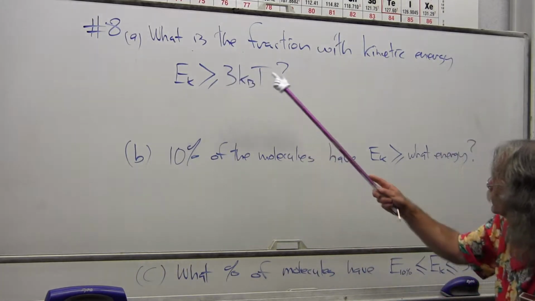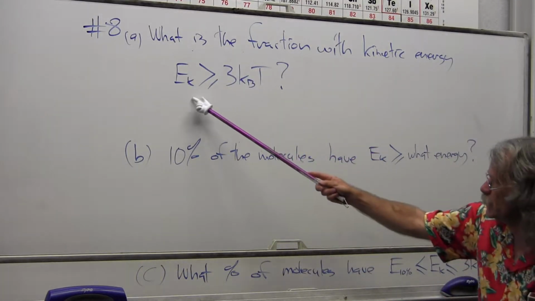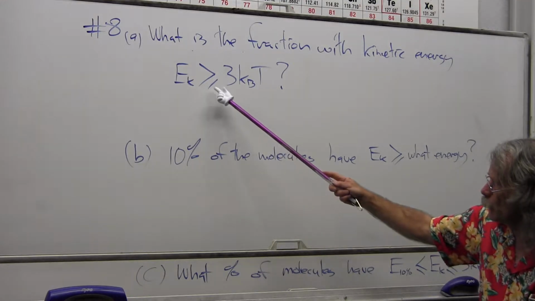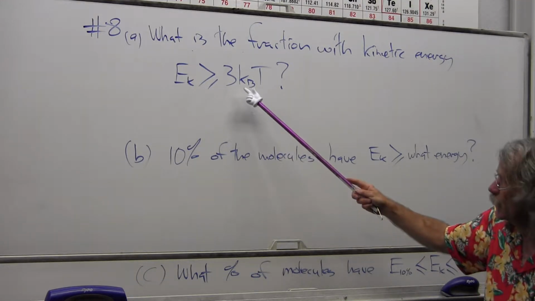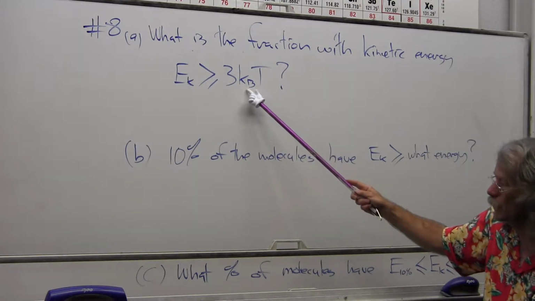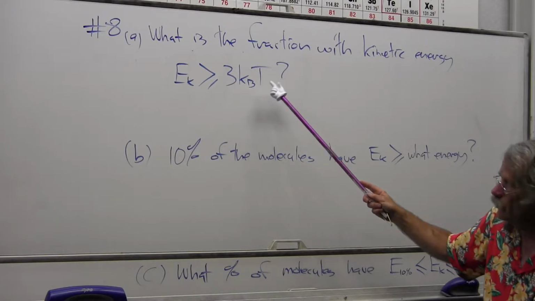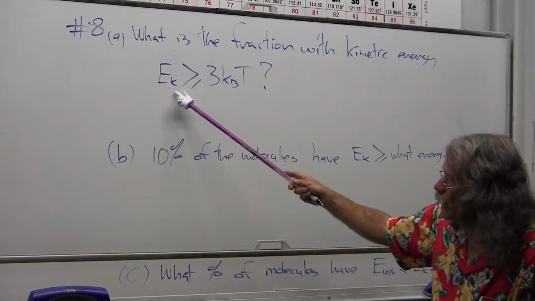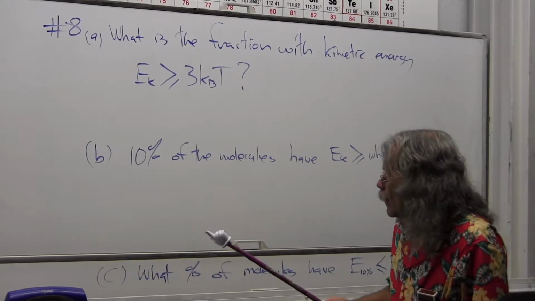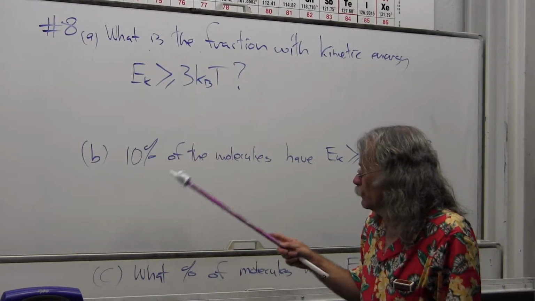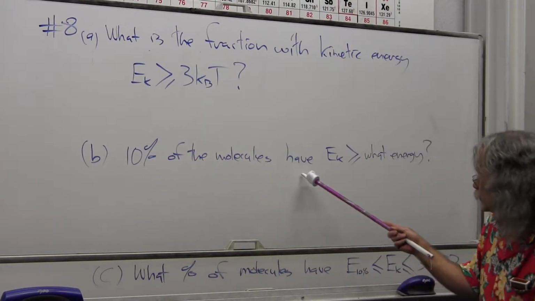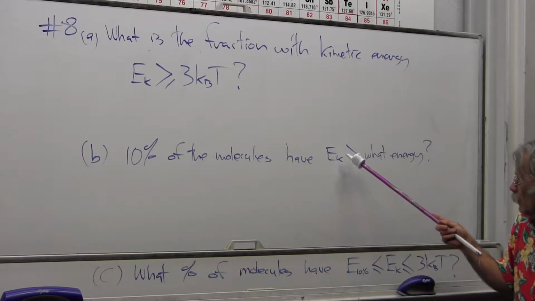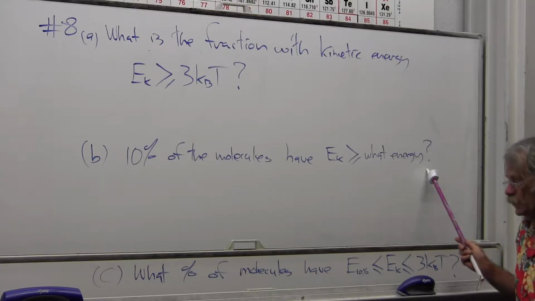A, what is the fraction with kinetic energy E sub k greater than or equal to 3 k sub B T, where k sub B refers to Boltzmann's constant and T the temperature, and E sub k refers to the kinetic energy. And that's the first part. Then part B, 10% of the molecules have E sub k greater than or equal to what energy?